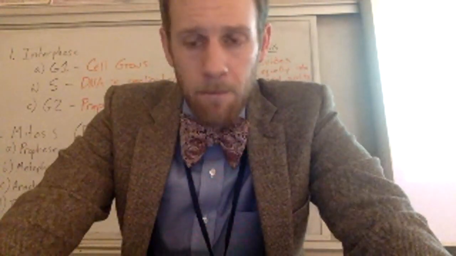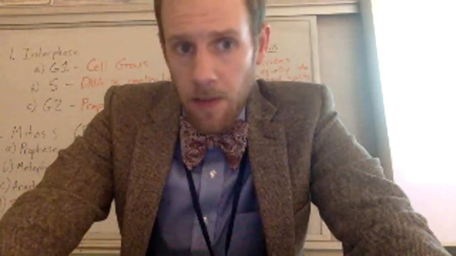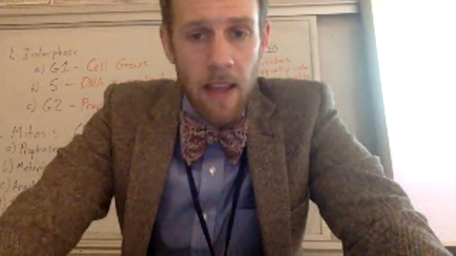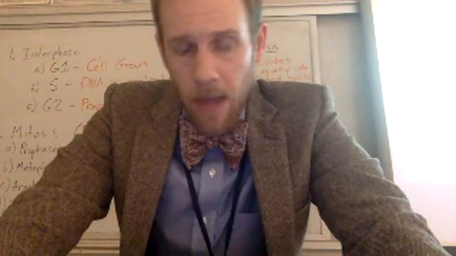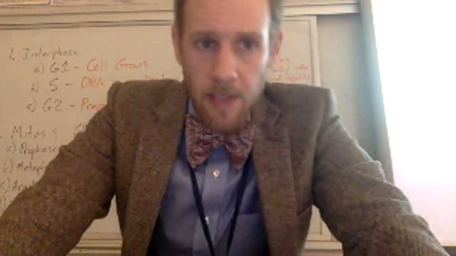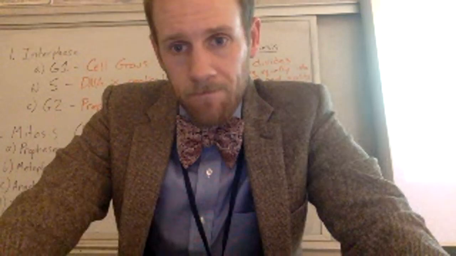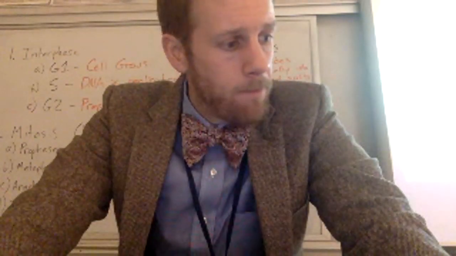I should have exactly the same amount, right? So I start with 46, my cell does S phase, copies the 46 into 92, and then divides in half. 92 divided by half is 46 again. So the cells go back down to 46 chromosomes, right? So if you start with 46, you end with 46. Okay, that's a big picture question. Make sure you remember that.